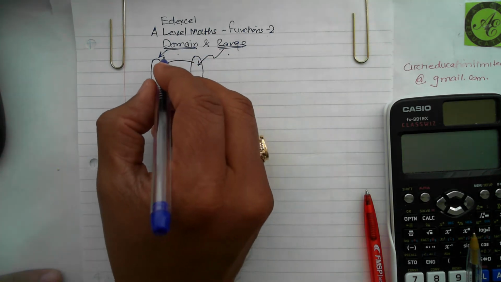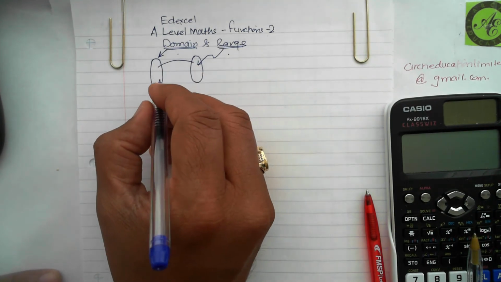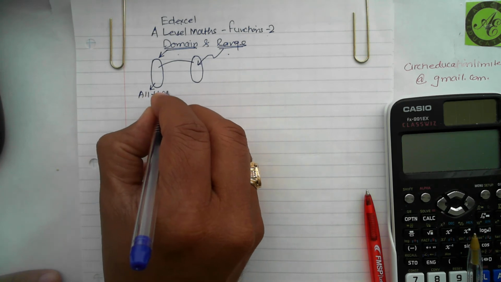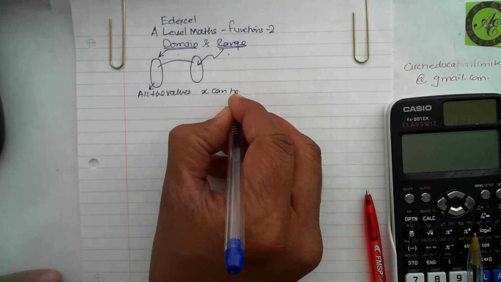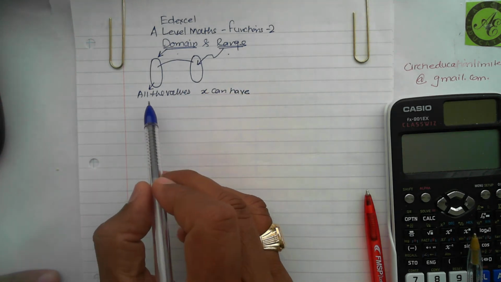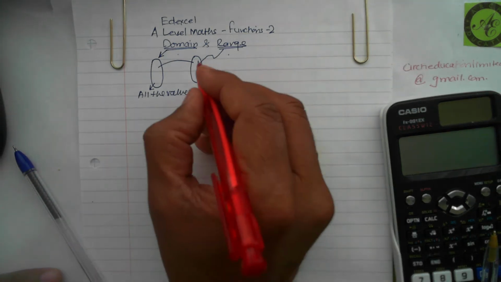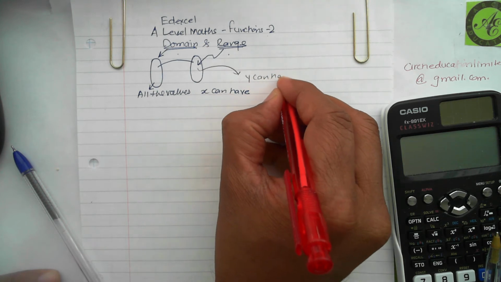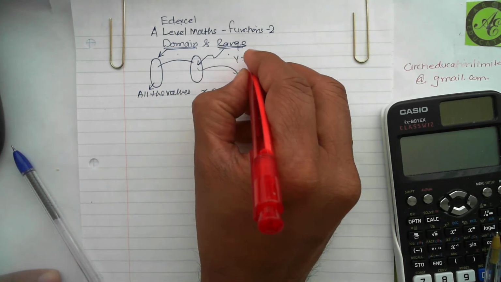In normal day-to-day mathematical functional language, we say domain is all the values x can have, or all the values the function is defined for, and range is all the values y can have, or the function can have, if the function is y equals f(x).